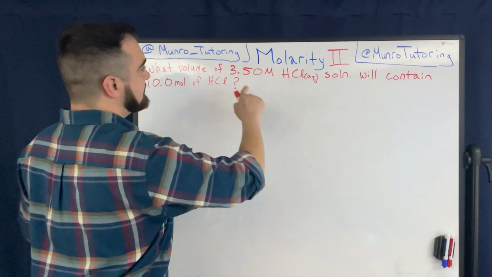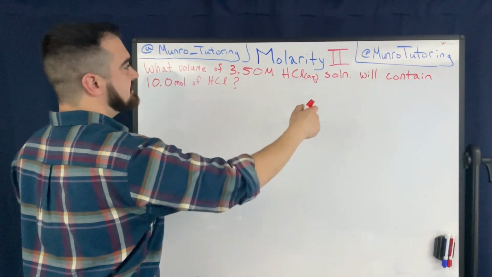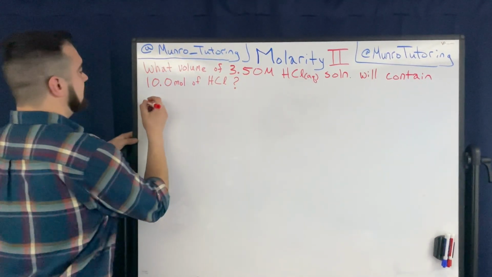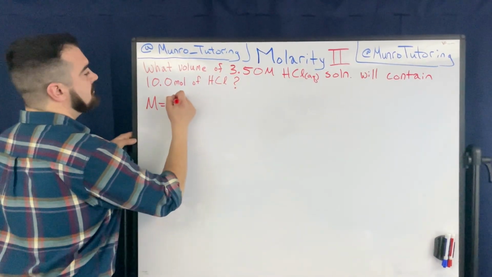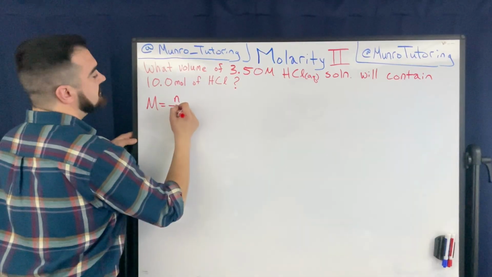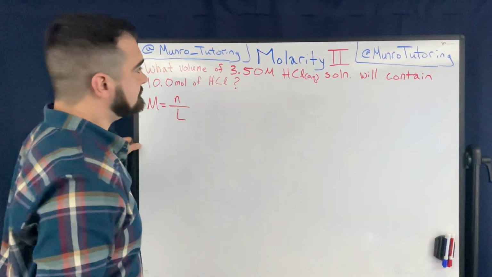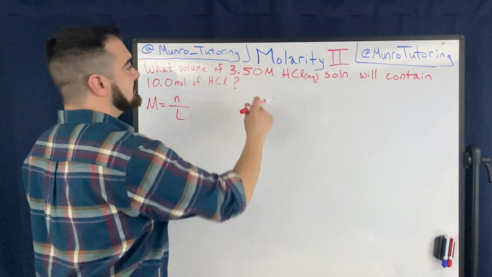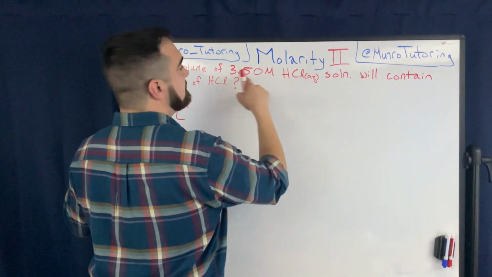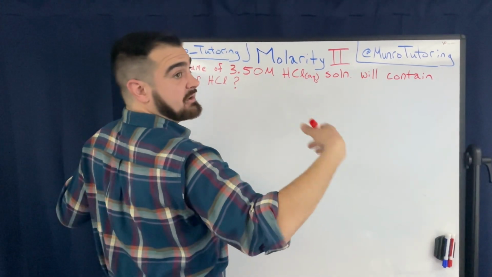We're going to rewrite this. Instead of 3.50 molar HCl, remember, a molar is equal to the moles of solute over the liters of solution, okay? And so I'm going to rewrite this as there's 3.5 moles for every liter of solution, right?